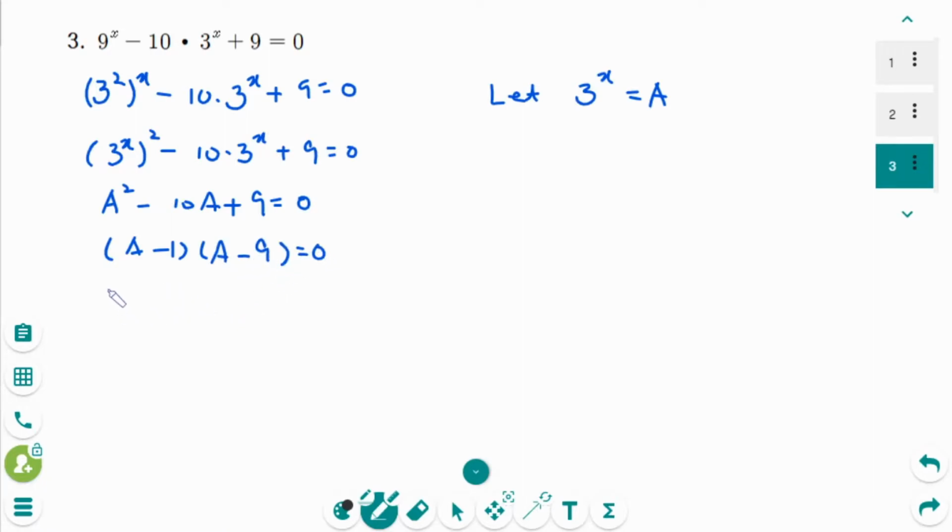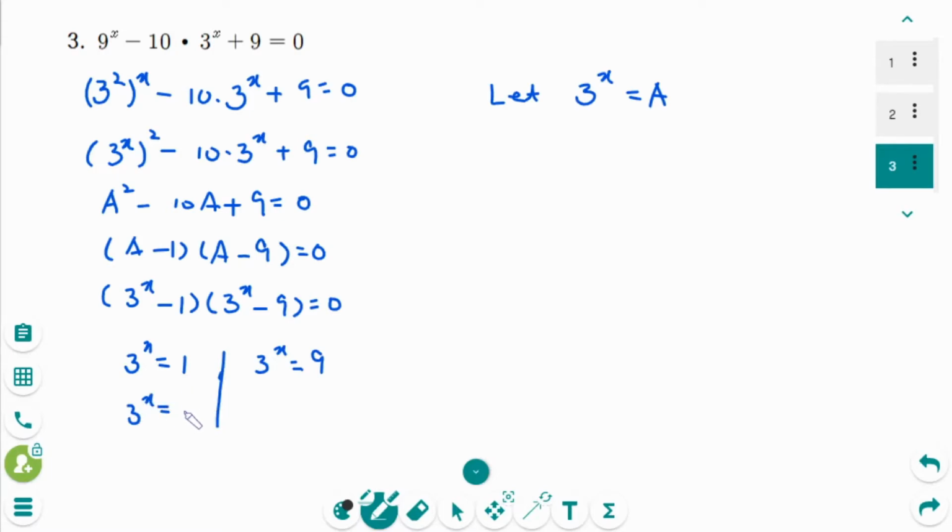Then back to the original, 3 to the power of x minus 1 times 3 to the power of x minus 9 equals 0. So 3 to the power of x equals 1 or 3 to the power of x equals 9. So 3 to the power of x equals 3 to the power of 0, so x equals 0. Or 3 to the power of x equals 3 squared, then x equals 2.